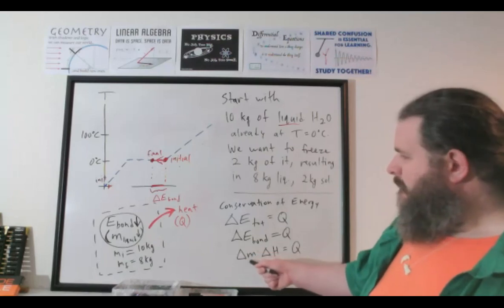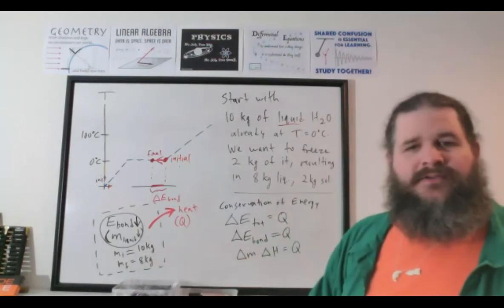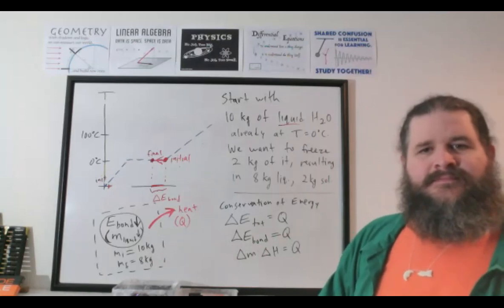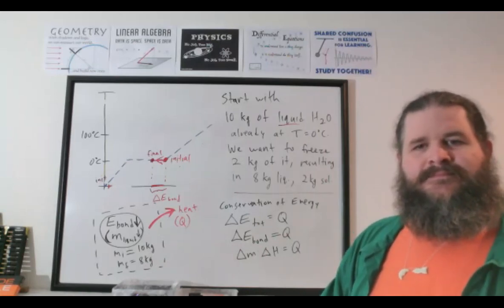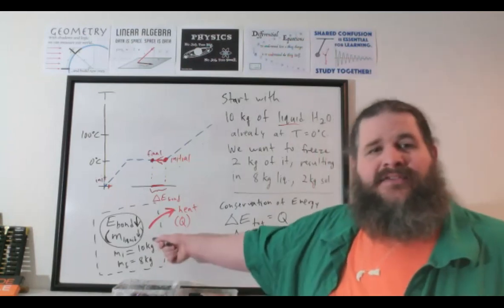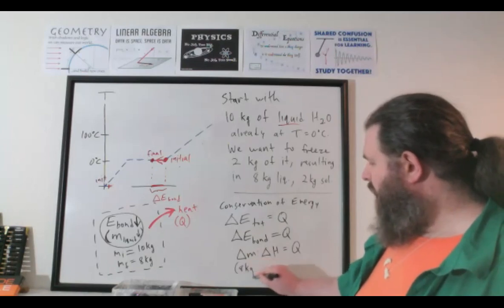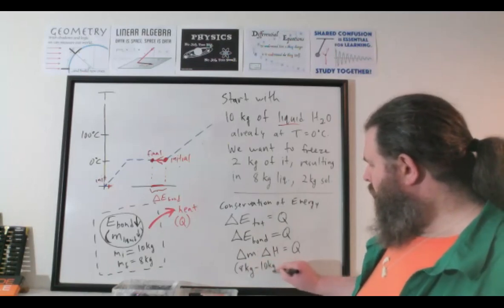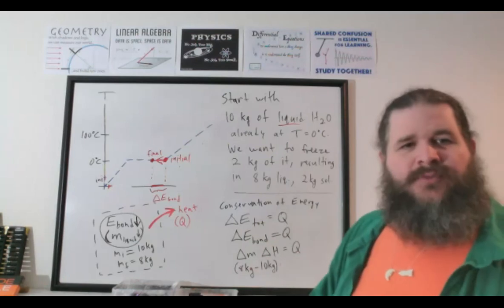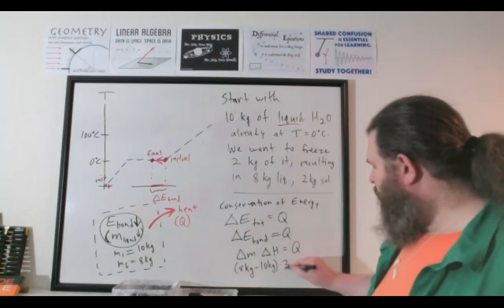For delta M, how do you calculate delta anything if you have the initial and final values? Yeah, delta M is just final mass of the liquid minus initial mass of the liquid. So 8 kilograms minus 10 kilograms. And then delta H, we can look up on the data table. That's the 333.5 we saw earlier.